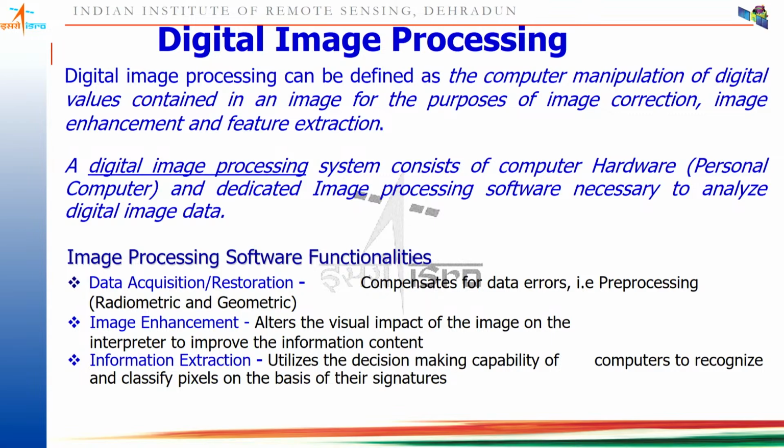But the software has to be dedicated image processing software, which is necessary to analyze the digital data acquired from satellite images. Right? It is different from normal computer image processing software in that it should cater to satellite images and the operations which are specific to satellite images.